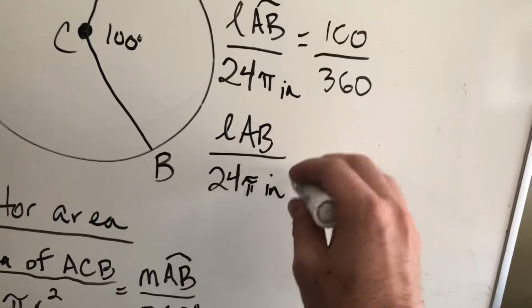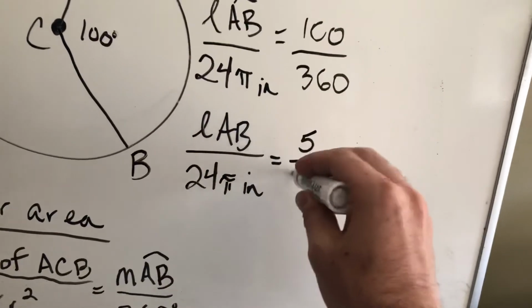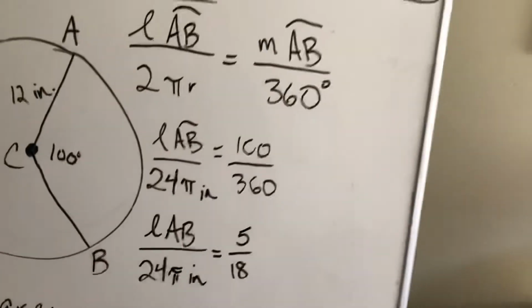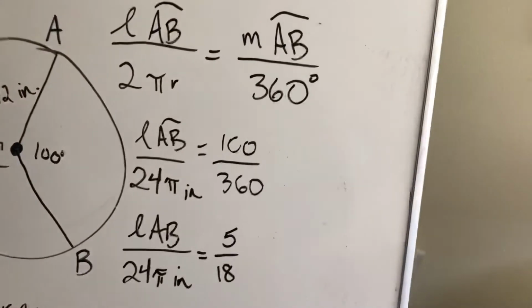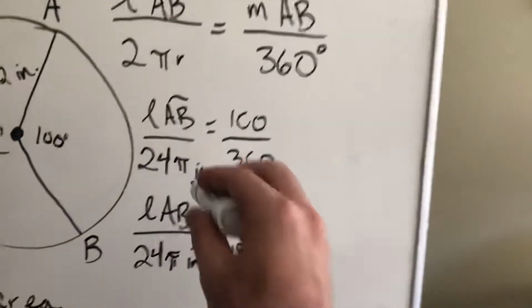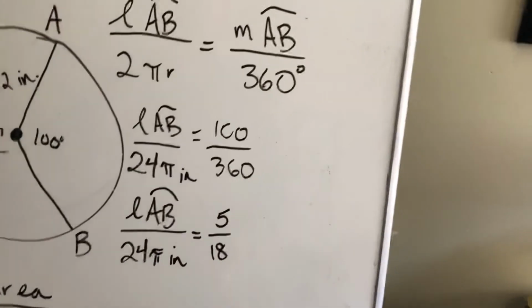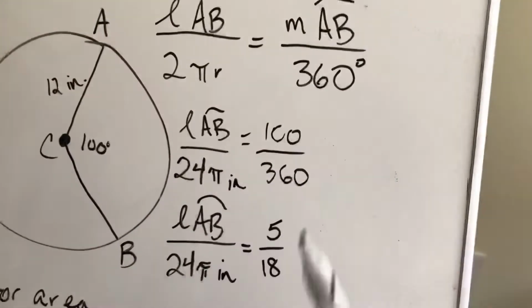Pi inches. I would then multiply to get the length of AB by itself. So 24 pi times 5 is going to go up to the numerator over here.